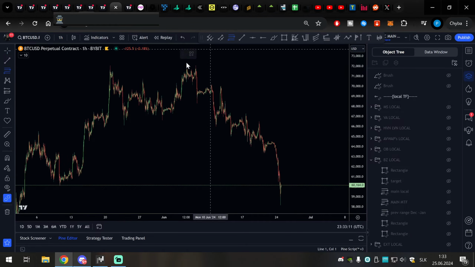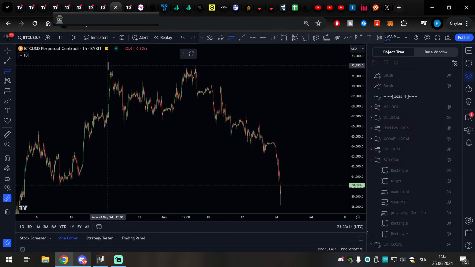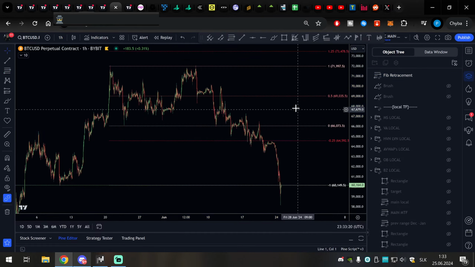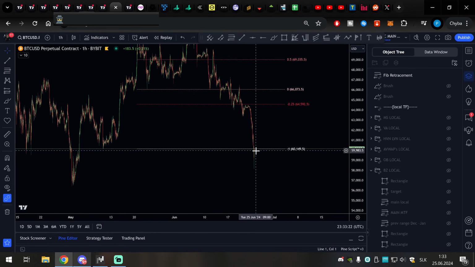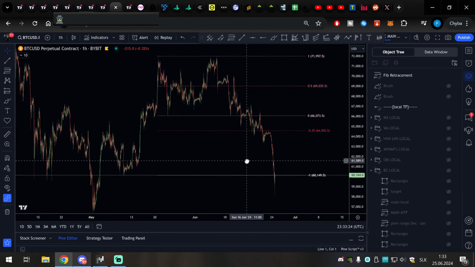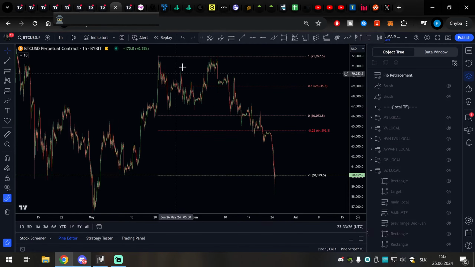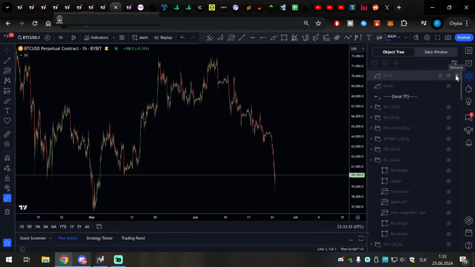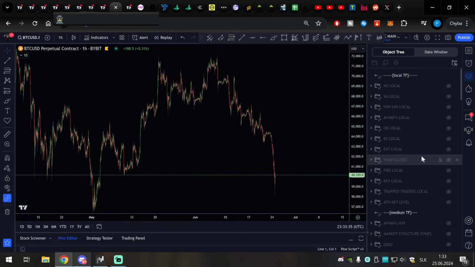How about this one? One to one. Yeah, so this was one-to-ones of this range here hit. Nice. Okay, we can have a look at extensions.